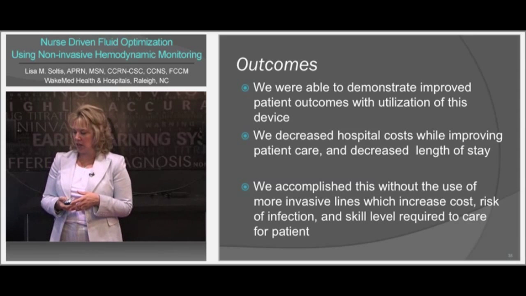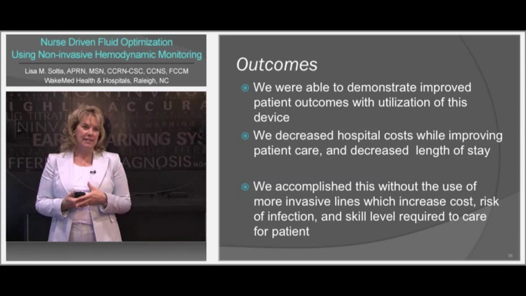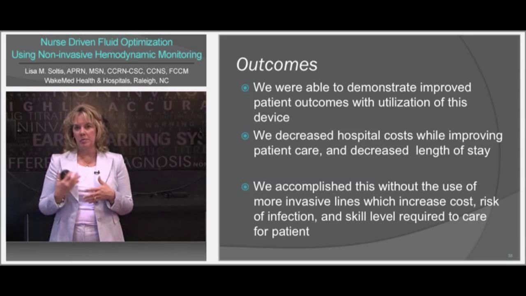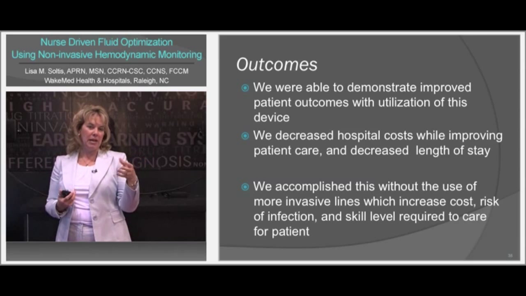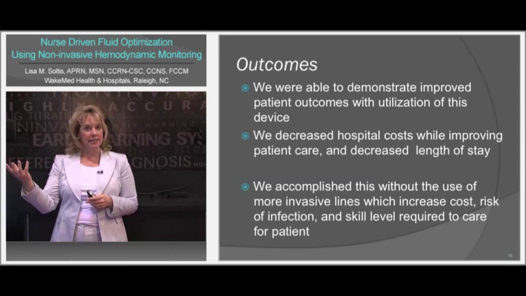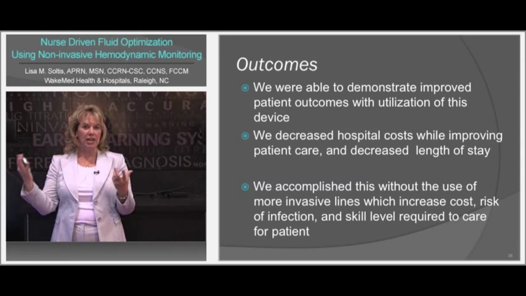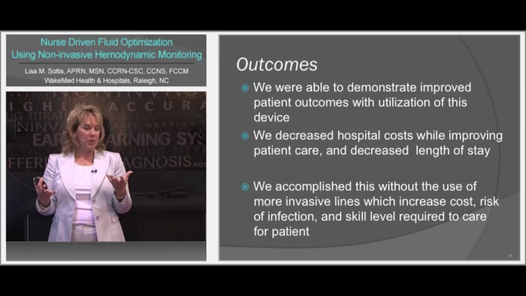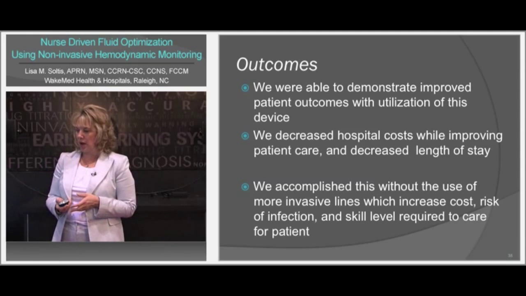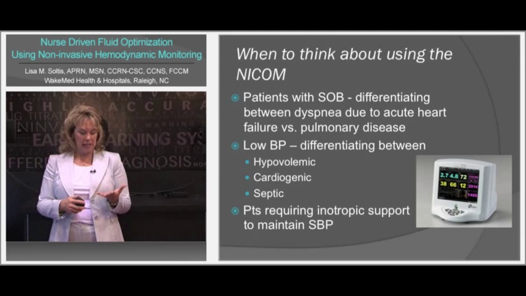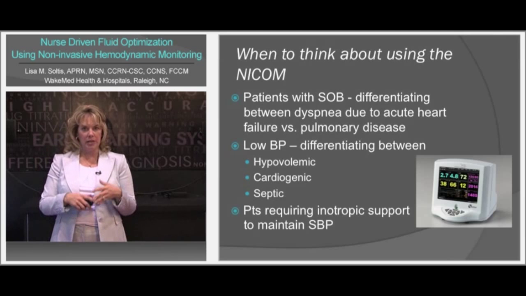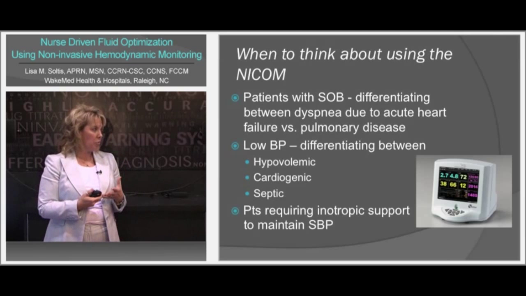We have seen since then just numerous cases where we've been able to turn things around, where we've been able to look at a patient when they come in and think it's one thing, and then we realize it's actually something else, and so we were able to change our plan of care appropriately and actually turn our patients around with that. So when to think about using this type of technology, when you have somebody that's in pulmonary edema and you're trying to determine is this cardiogenic or is it some other pathological process that's causing them to become fluid overloaded.